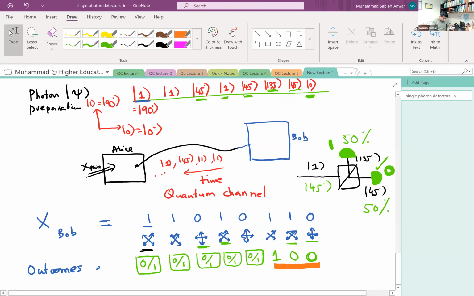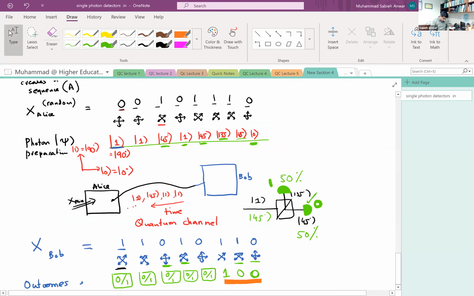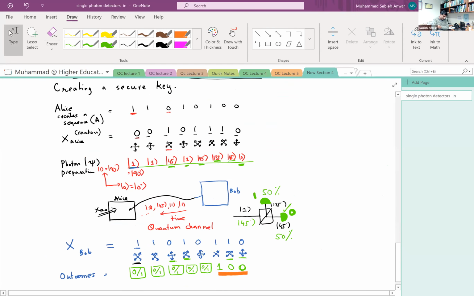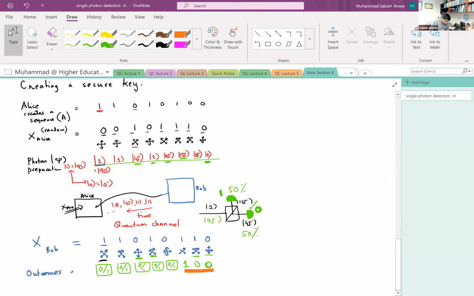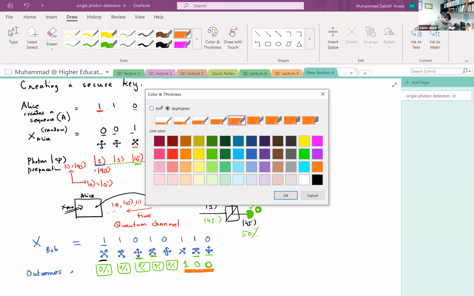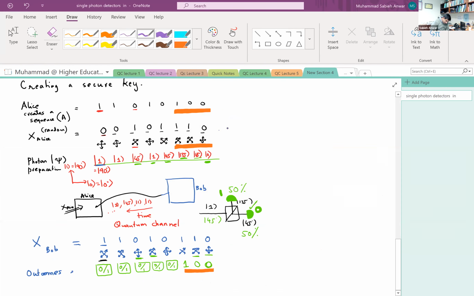Now look at these three terms, 1, 0, 0. Let me reduce the size of the screen a little bit, even further. So let me label these here. If I compare the random sequence of Alice with the random sequence of Bob, I'm comparing this thing with this thing.